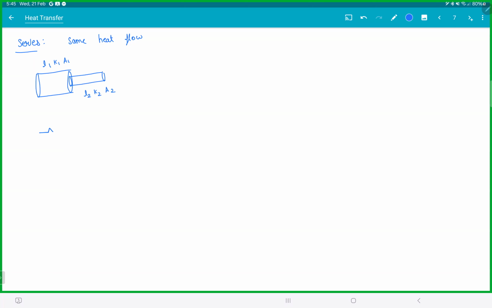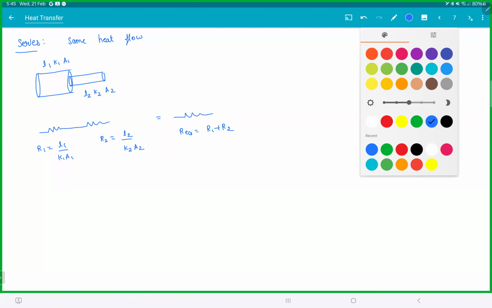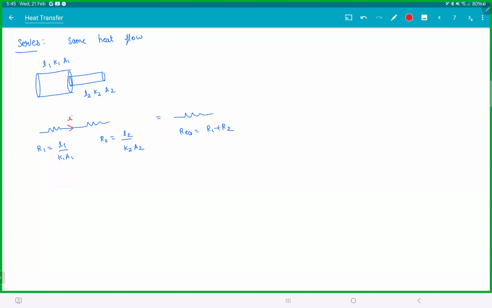I can replace this with two resistors, R1, which is L1 by K1 A1, R2, which is L2 by K2 A2. And when they're in series, I can replace them with one single resistor, R equivalent, which is equal to R1 plus R2. So basically the heat flow is the same through them.